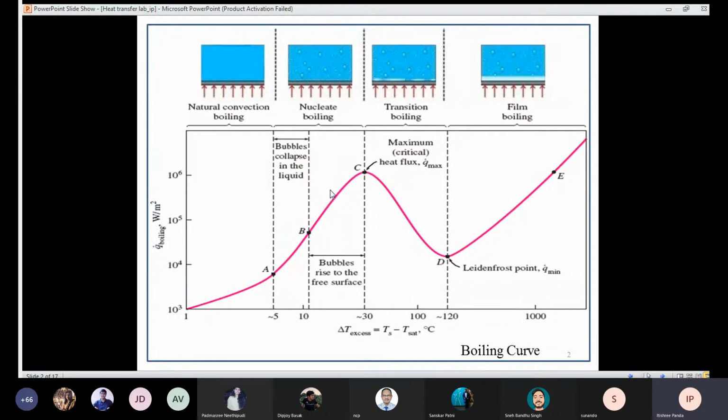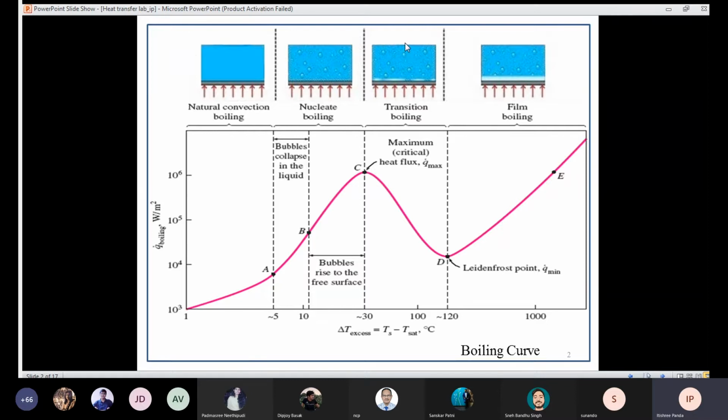So the number of bubbles on the surface of the wire will start to increase with time, as a result of which the entire wire is going to be covered by a large number of bubbles. It's not that evident here, but a huge number of bubbles will be generated and try to reach the top.